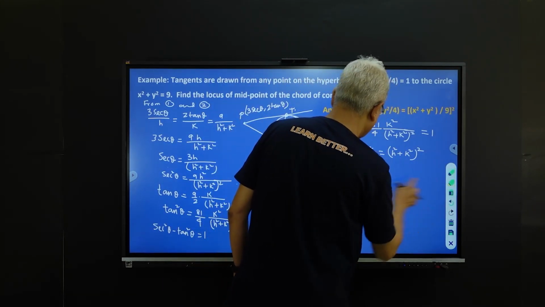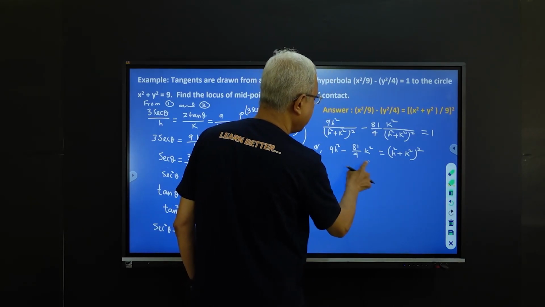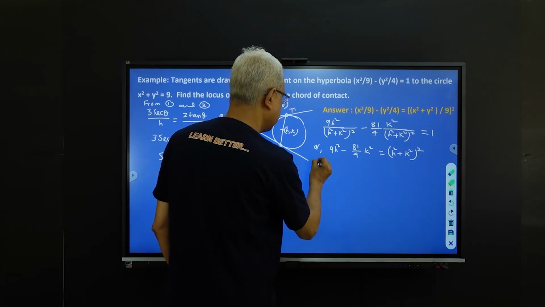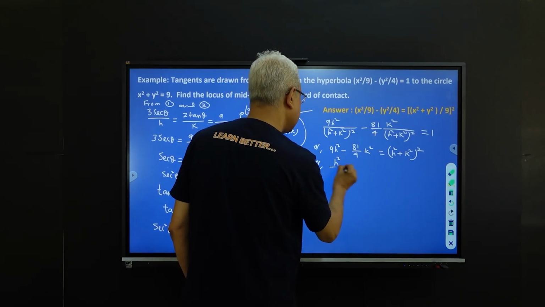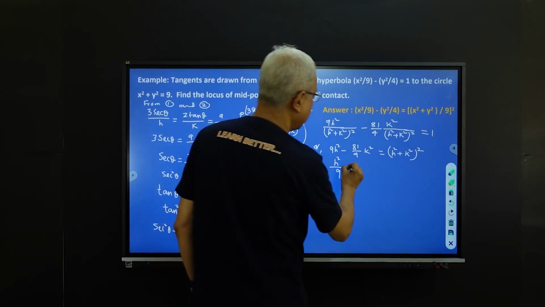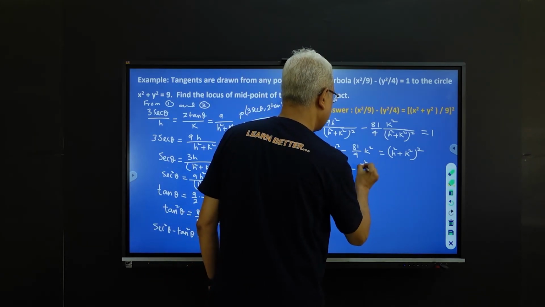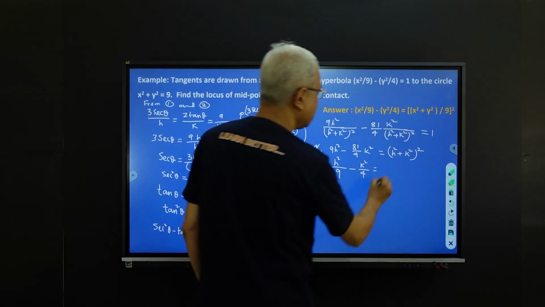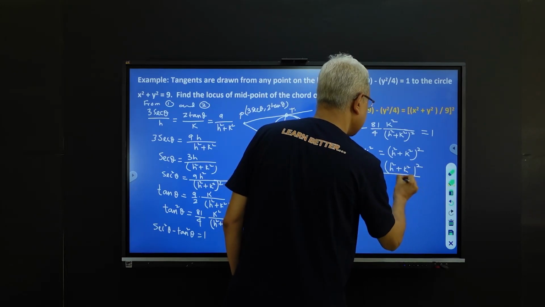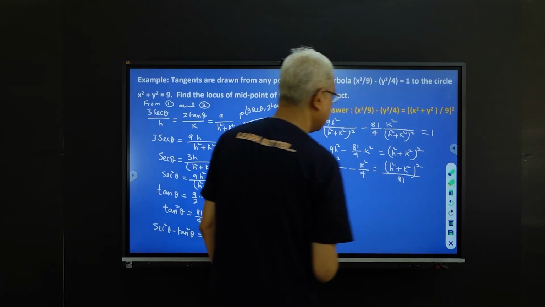So what I do, I divide this expression by 81, so I get h square by 9 minus k square by 4 is equal to h square plus k square whole square by 81.